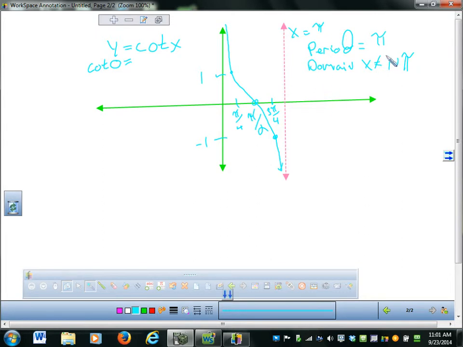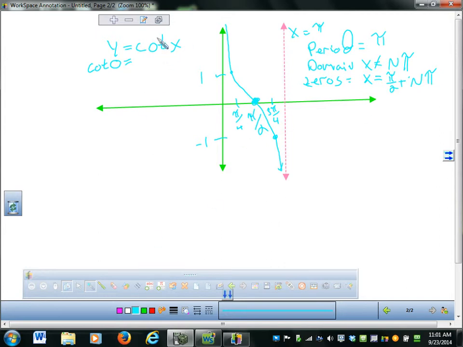You have zeros, or x-intercepts, which are the same thing, at multiples of pi over 2. So zeros at x equals pi over 2 plus n pi. And the range is the same, and so on and so forth.